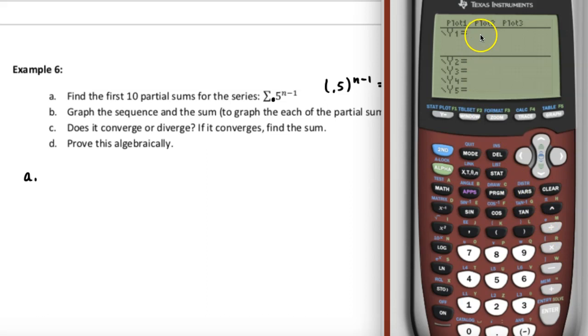And so pulling up my calculator, I'm going to start by just putting this summation into my y equals, so going to math, down to sum, which is item 0. And my n is starting at 1. It's just going to get input as an x. That's starting at 1 and it's going to x. I don't want to put an upper bound.